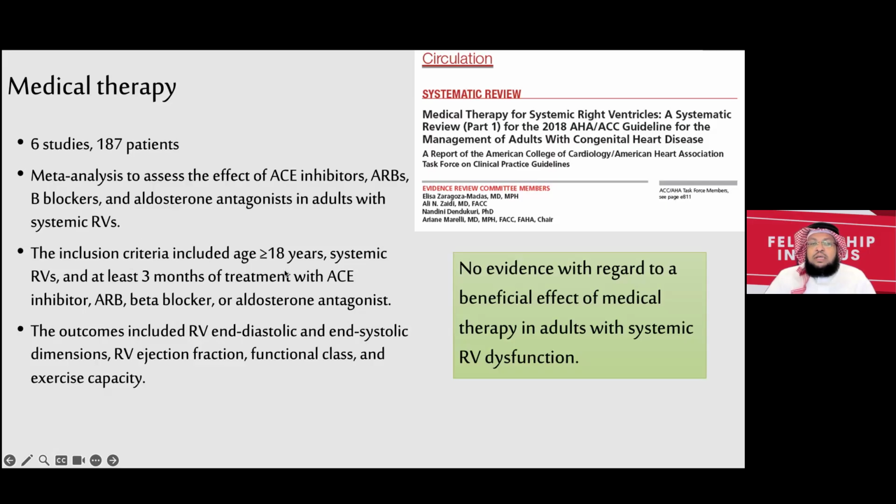The inclusion criteria were those above 18 years of age with systemic right ventricle and at least 3 months of treatment with an ACE inhibitor, ARB, beta blocker, or aldosterone antagonist. The outcomes included RV end-diastolic and end-systolic dimensions, right ventricular ejection fraction, functional class, and exercise capacity. Unfortunately, there was no evidence of a beneficial effect of medical therapy in adults with systemic right ventricle. So it was disappointing.